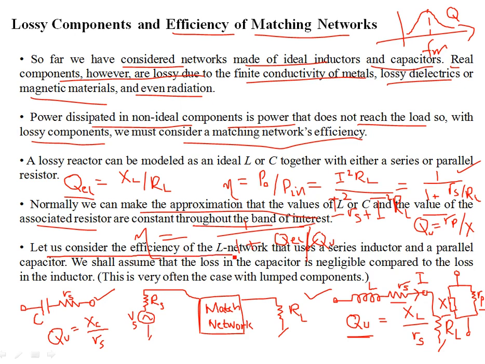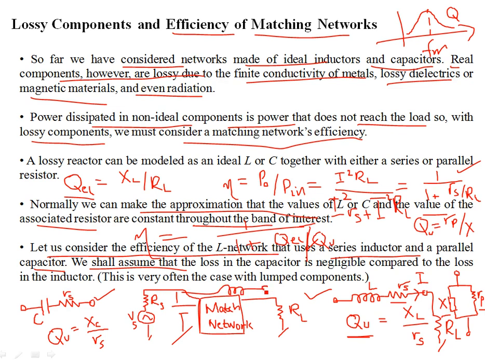So let us consider the efficiency of the L network that uses a series inductor and a parallel capacitor. There could be other configurations, but you can have a parallel capacitor like this if RS is large, and then a series inductor like this.